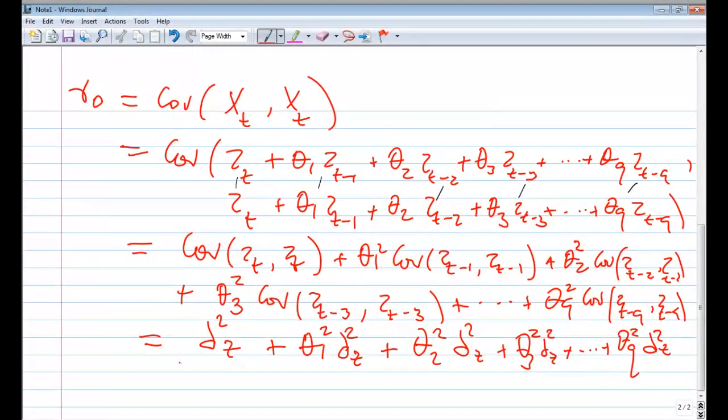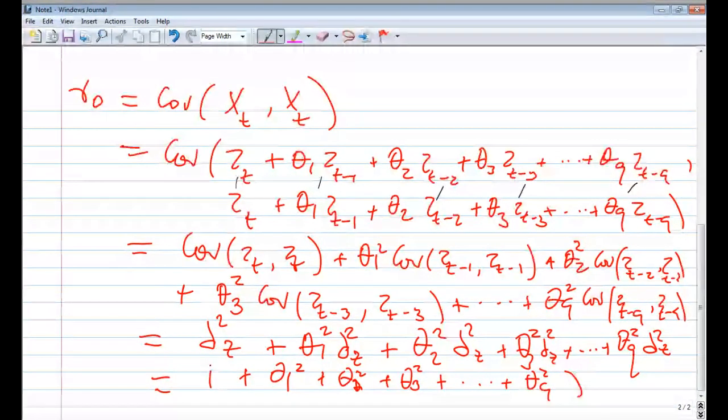Then the next step will be for us to find the common factor. As you see, sigma squared z is appearing everywhere. So now we just take it out as a common factor. So you're going to have 1 plus theta 1 squared plus theta 2 squared plus theta 3 squared plus theta q squared.